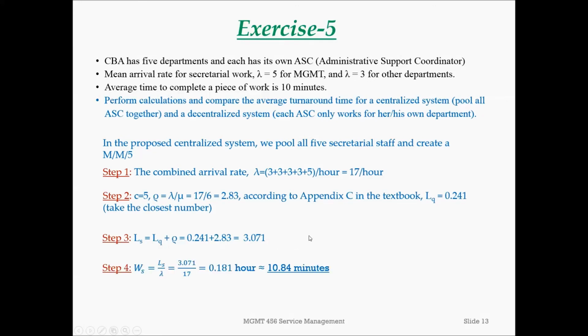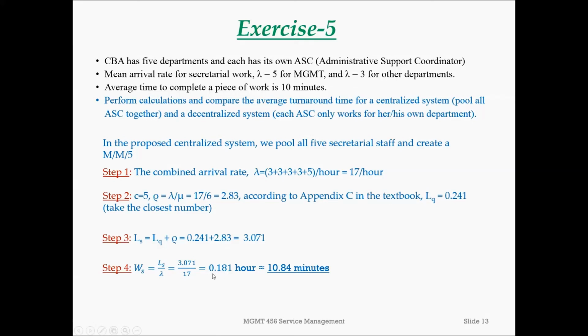The last step is step 4. Step 4 is to calculate what we want, which is WS, the average turnaround time, in other words, the average time in the system. So WS is LS divided by lambda. LS is 3.071. Lambda is 17. So do the work, you get 0.181.